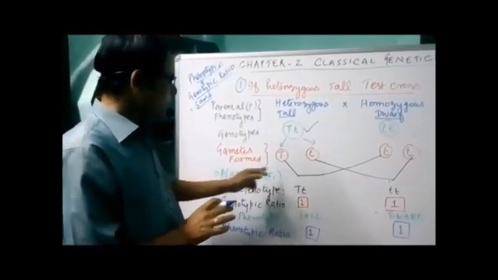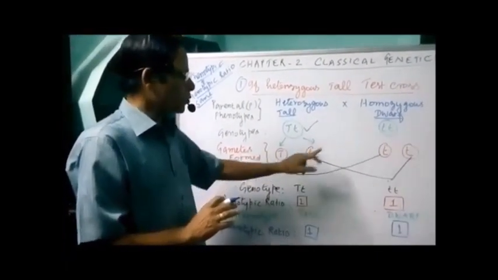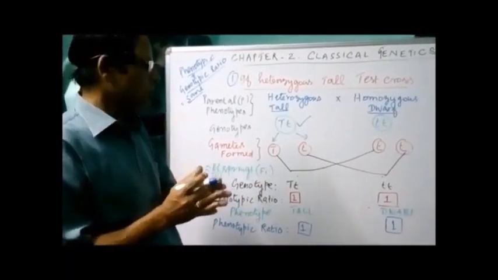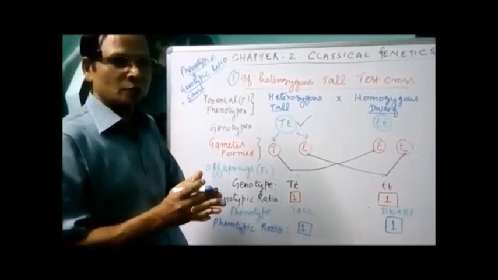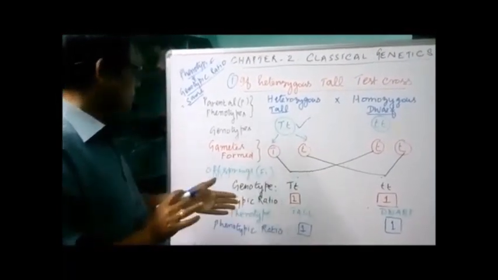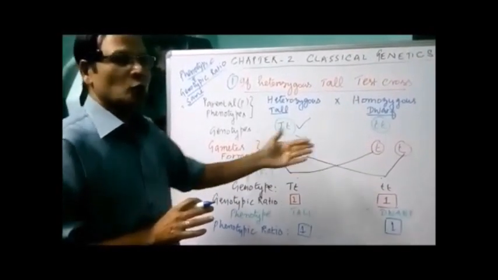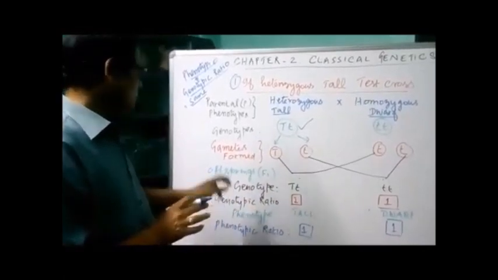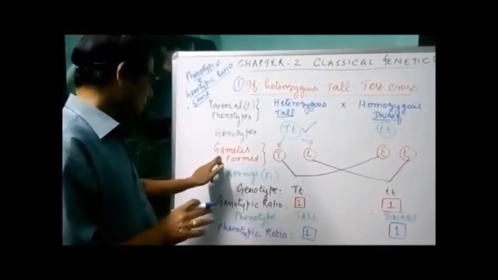Now, as we have two different types of gametes on one side and only one on the other side, 1 into 2, the probability of individuals in the generation is 1:1. That is 50% tall and 50% dwarf. These are the gametes formed.